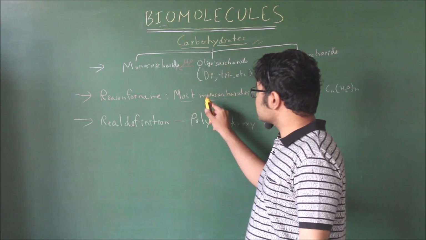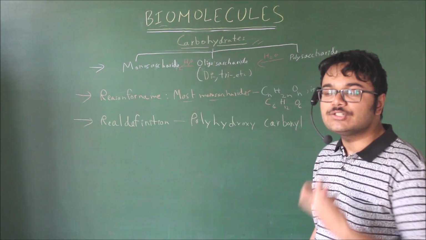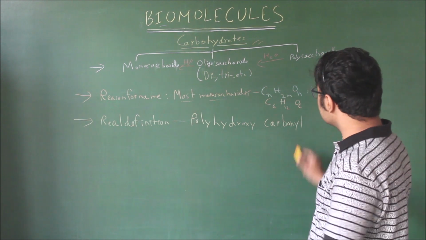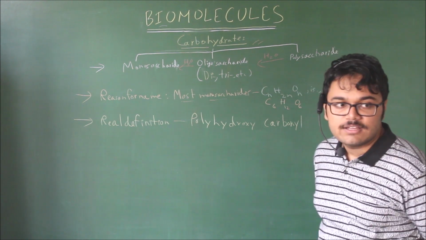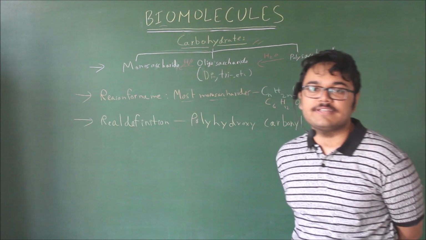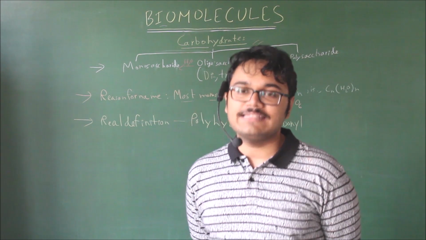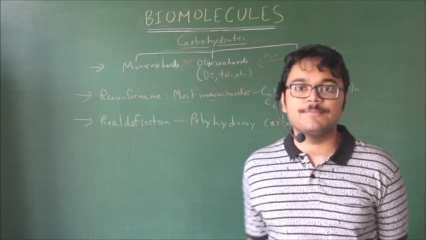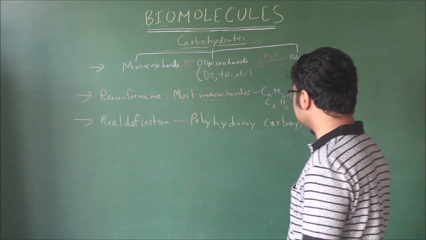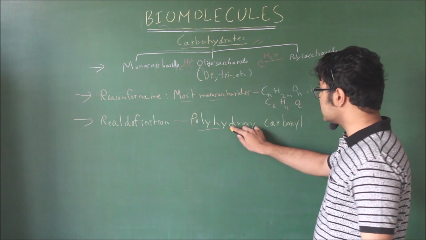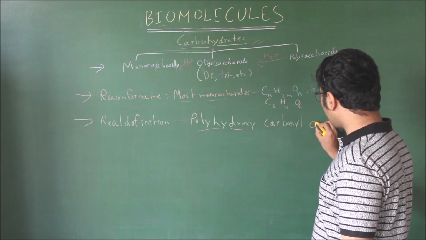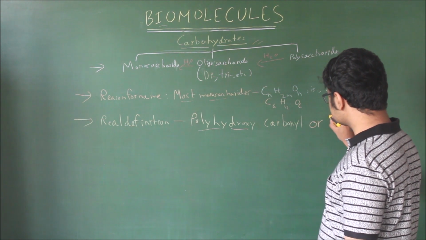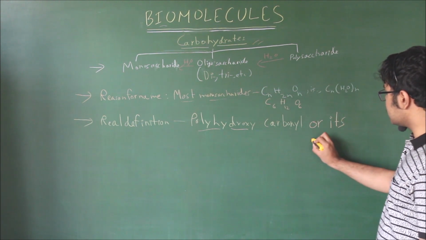That's because there are some monosaccharides that are very similar to the other monosaccharides. They have very similar properties, but they do not follow the general formula. So now we understand what the actual definition of a monosaccharide is, and this definition will cover the exceptions as well. Actually, a monosaccharide is a polyhydroxycarbonyl or its derivative.